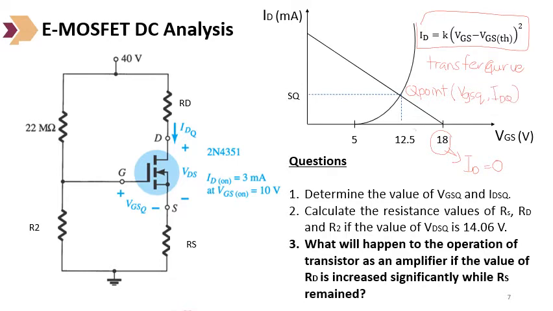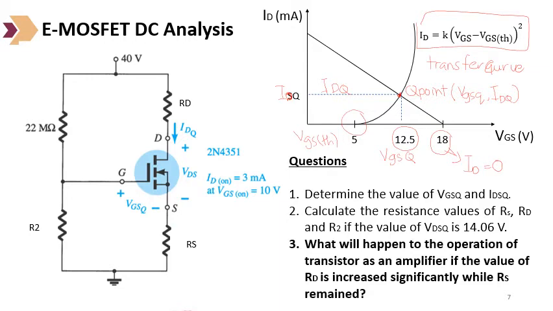Meaning that from here, we know the value of the VGSQ, and this one is the IDQ, right? So we have found the value of the VGSQ. And from here, we know that this one is the VGS threshold value.